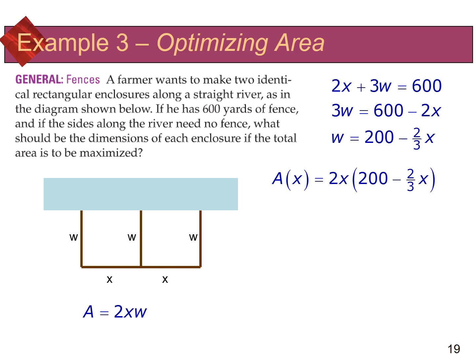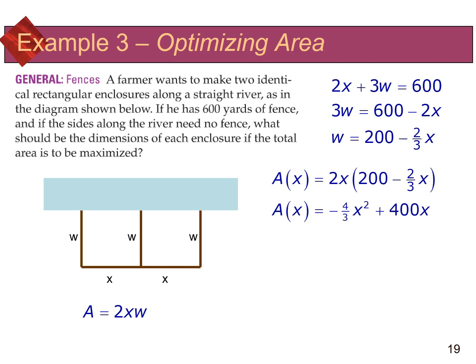I can make it a full-fledged function. So the area function is 2X times the quantity 200 minus 2/3 X, which I can rewrite as negative 4/3 X squared plus 400X. So I now have a formula that represents the total area of these enclosures combined.